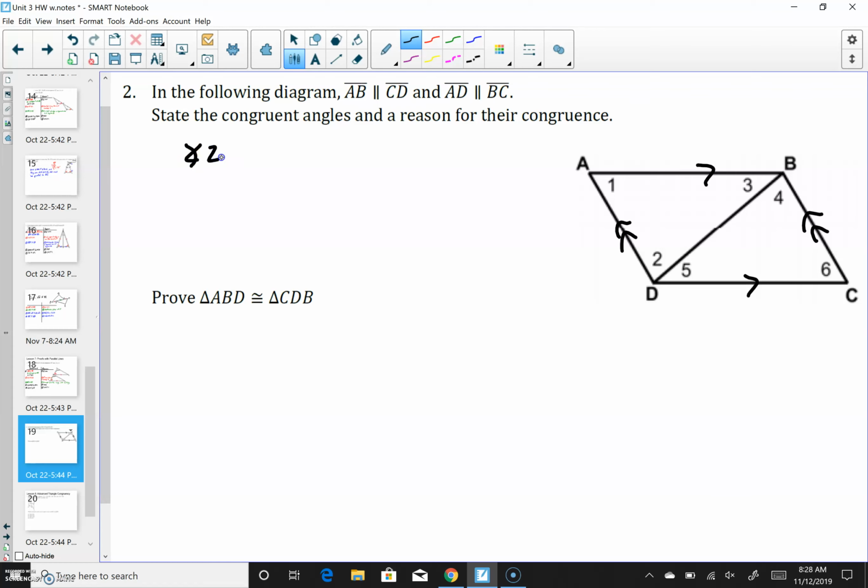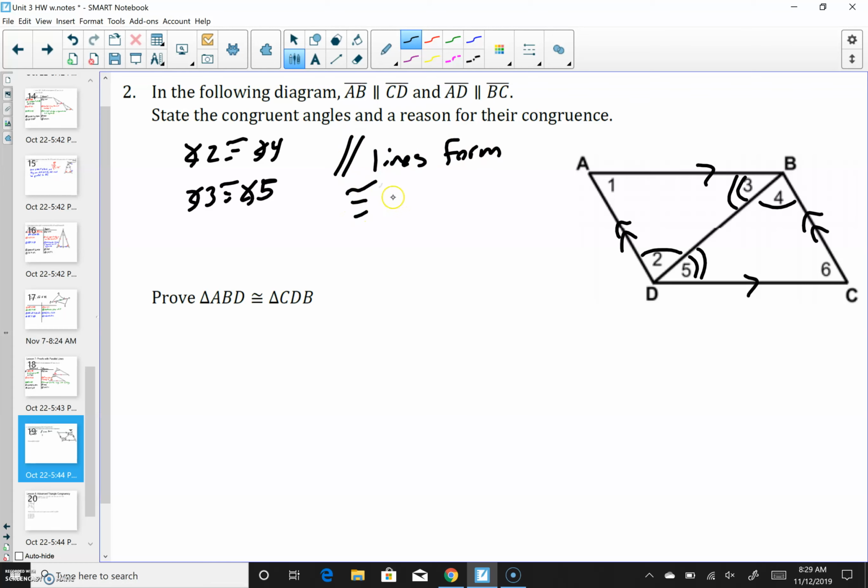So we're going to end up with angle 2 being congruent to angle 4, and then angle 3 being congruent to angle 5. And both of those are going to be congruent by the same exact reason, and that would be parallel lines form congruent alternate interior angles.